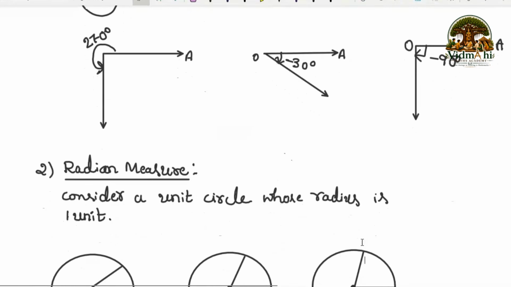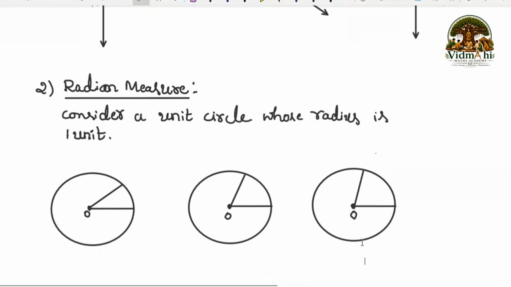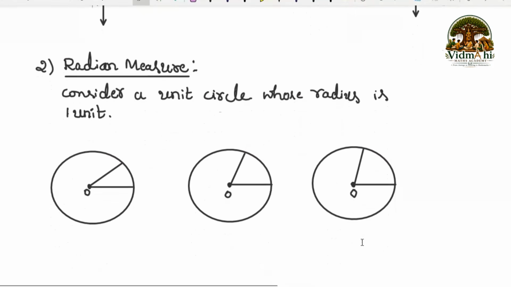The next way of measuring the angle is radian measurement. So the second one is radian measure. For this, consider a unit circle whose radius is 1 unit. Consider an arc length.